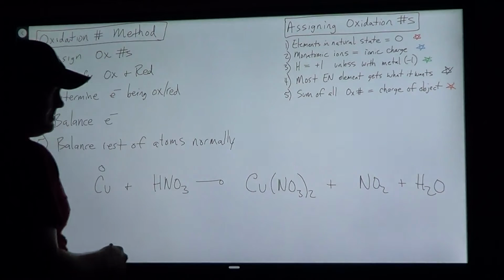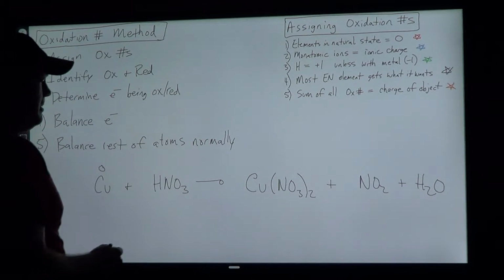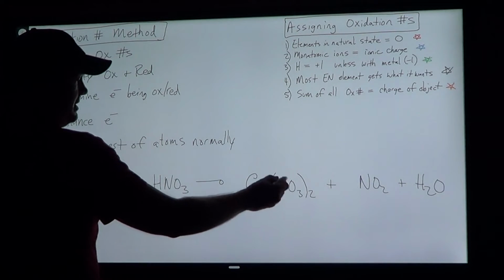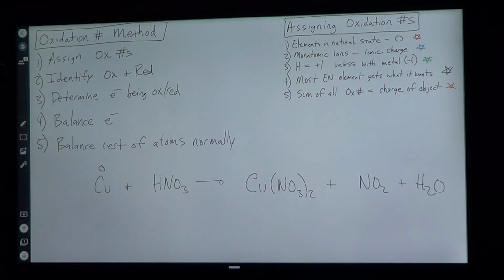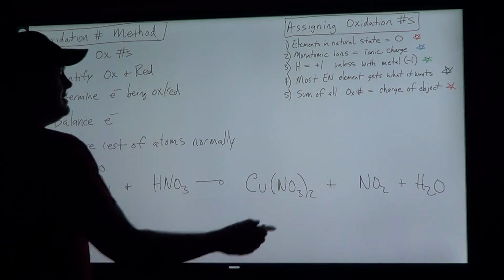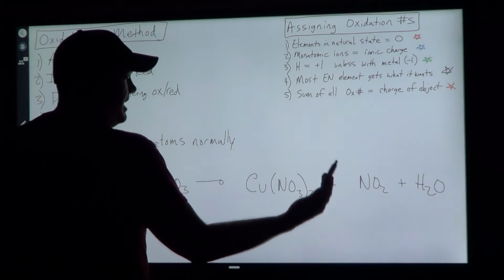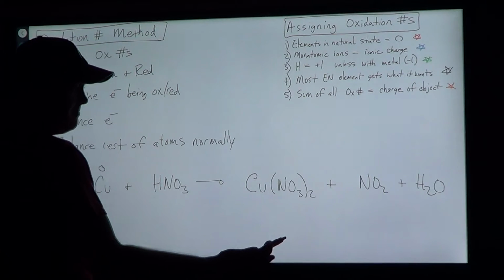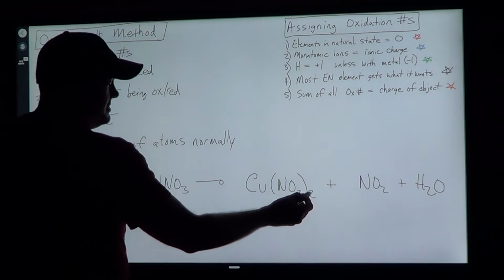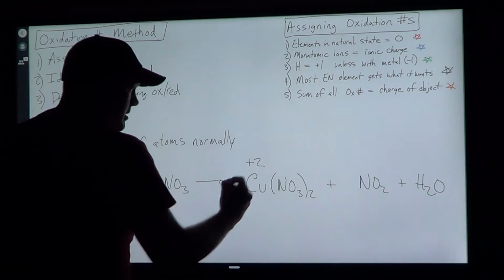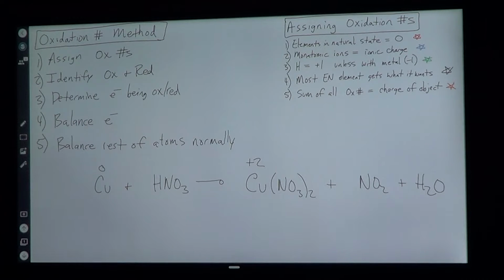Monatomic ions. The only ionic compound in here is really this copper nitrate. If you remember that nitrate has a -1 charge, like you memorized from your list, then the only reason there's 2 of them is if this copper has a +2 charge. Rule 3, go through and get hydrogen out of the way.